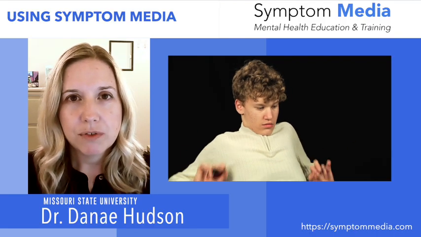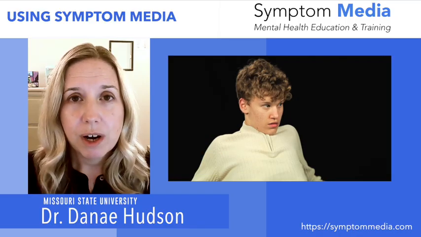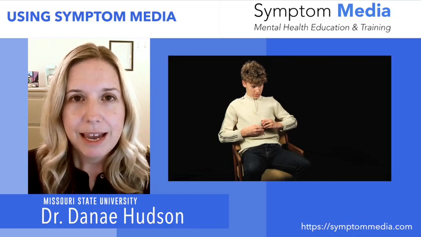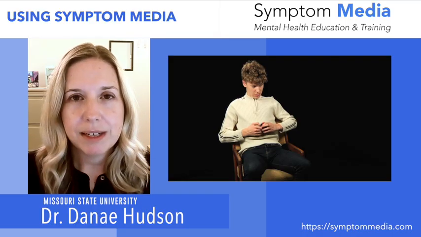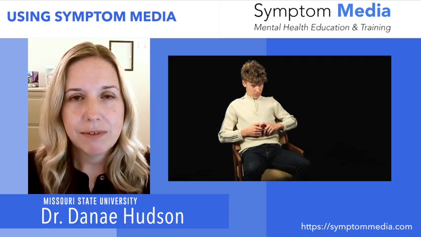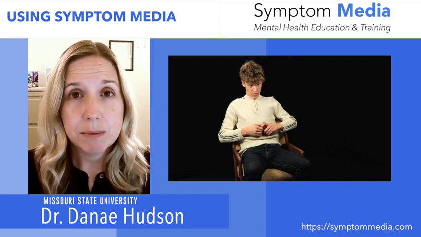And one of my goals for that course is to really help students understand what autism is and what it isn't. What does it look like to be autistic, and the severity of that. So to help them to get a sense of the continuum, of the dimensional aspect of autism spectrum disorder, and really how serious those symptoms can be.